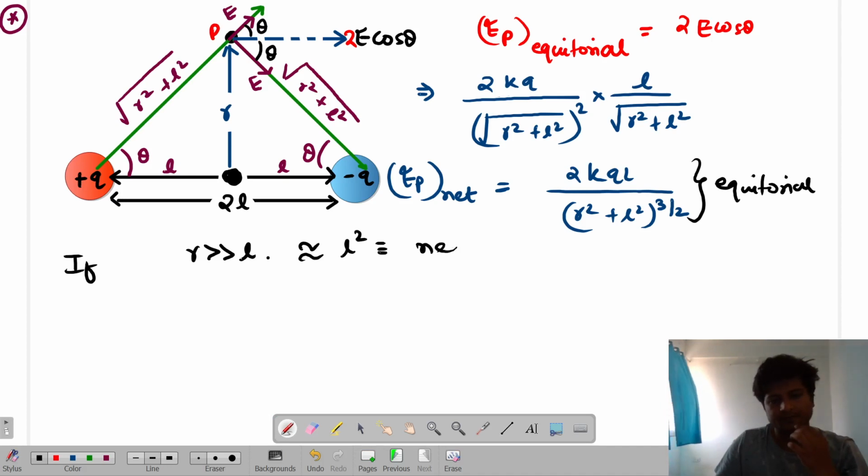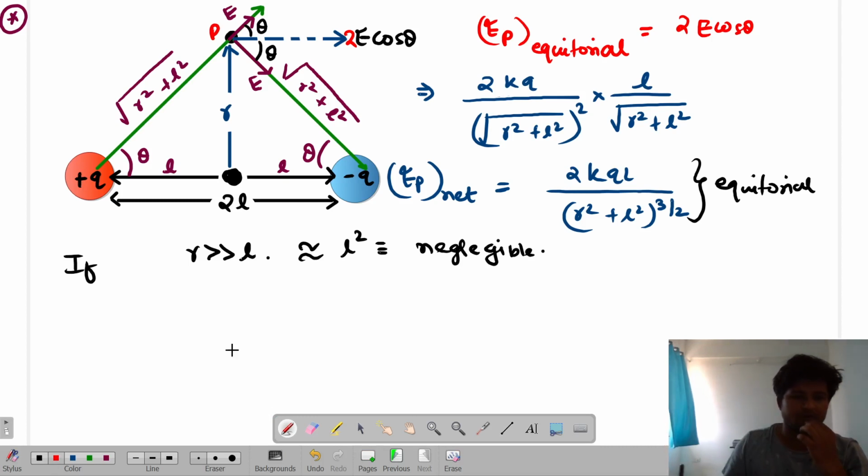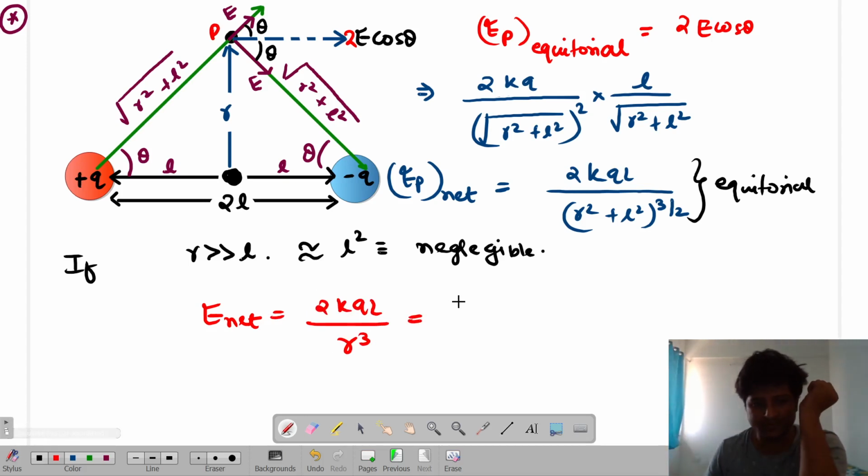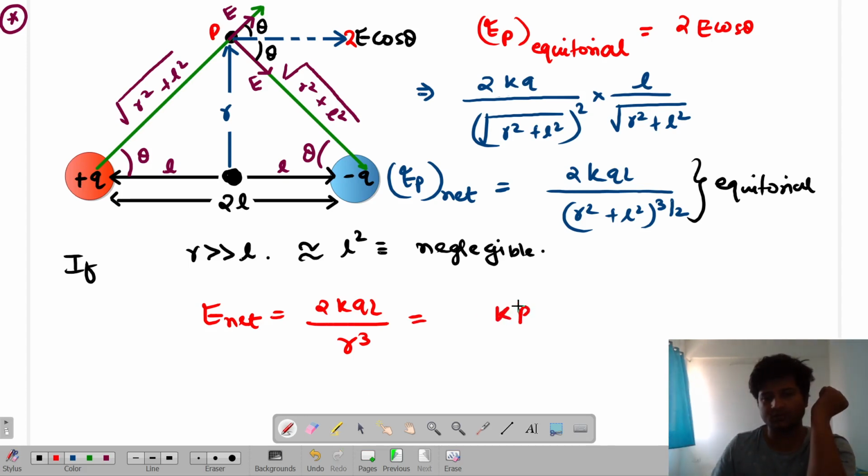Therefore, E net in terms of charge is twice kqL by R cube. But in terms of dipole moment it is Kp vector divided by R cube. Are you able to get me or not? So this is E net for the equatorial point, isn't it?